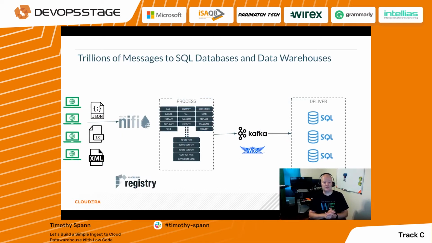Now, a common use case is I have some legacy database like Oracle or SQL Server, MySQL, MariaDB, PostgreSQL, and I want to get that data out of there. NiFi will pull that in very easily.